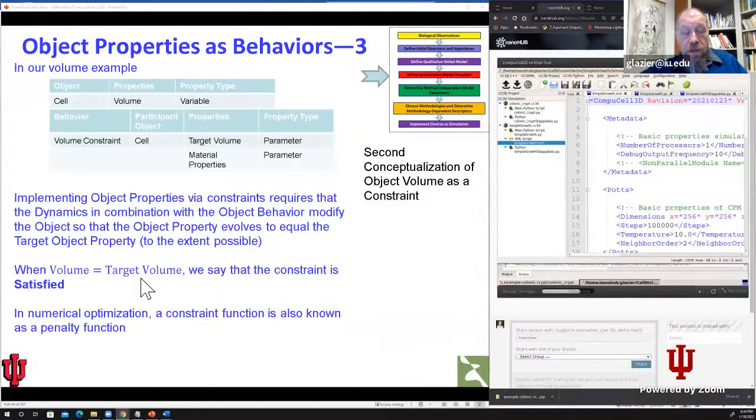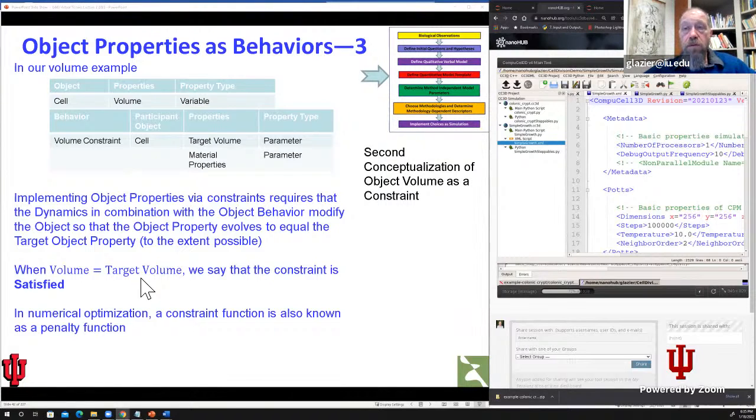Some of the physical constraints that we're going to run into in CompuCell in this kind of modeling may not seem so biological, but the basic idea that the potential of the cell is not always realized or is changed by its environment is a pretty biological concept.